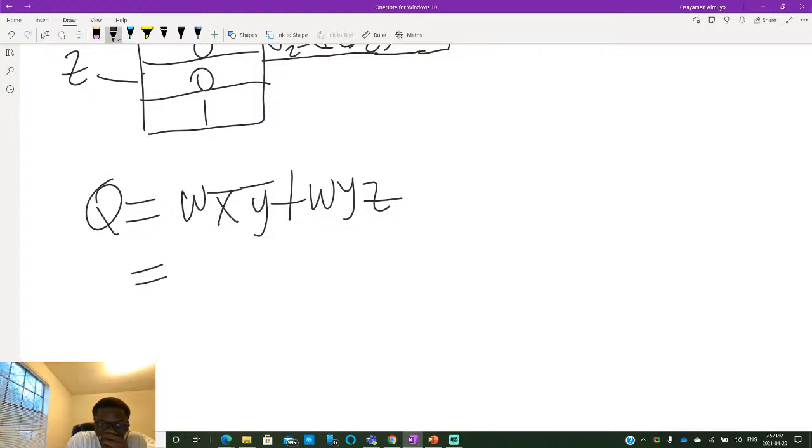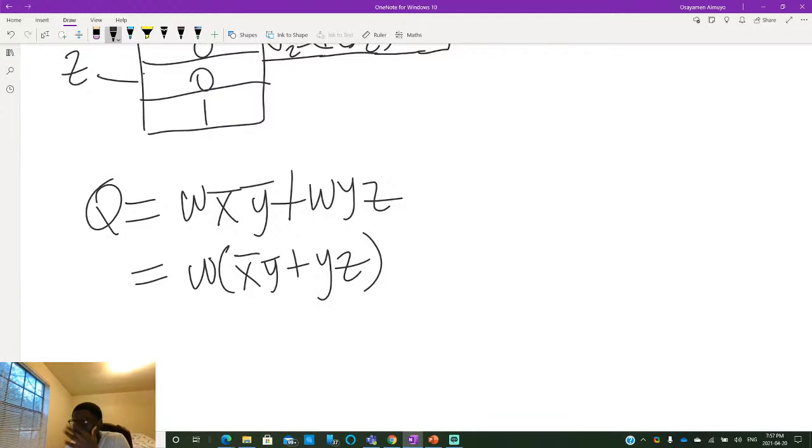Now, notice that we can rewrite Q as something like this. But if we implemented Q directly like this, we would have to use three 4x1 ROMs.